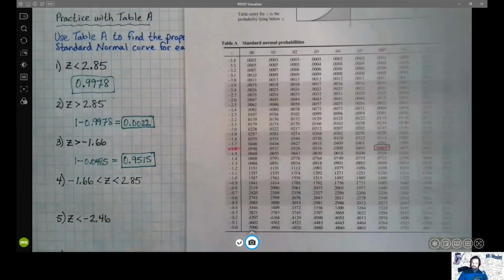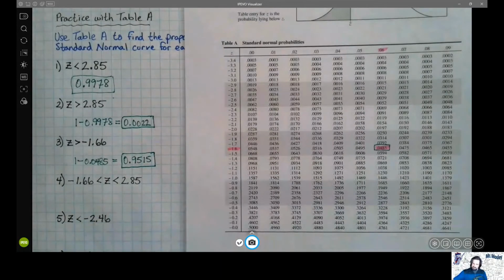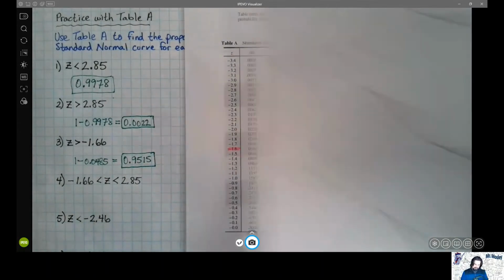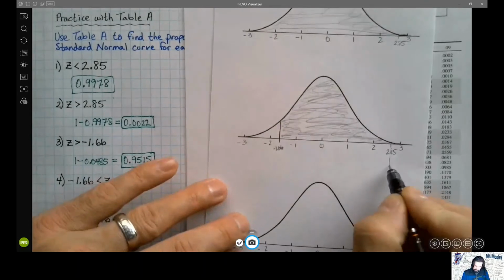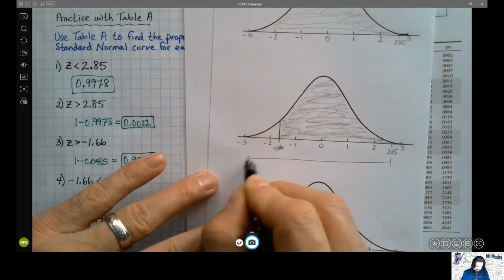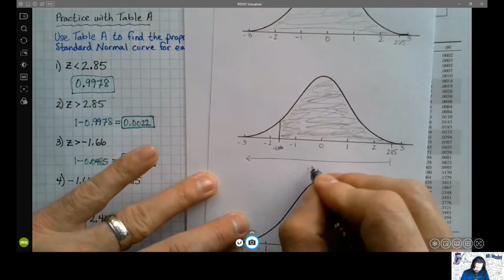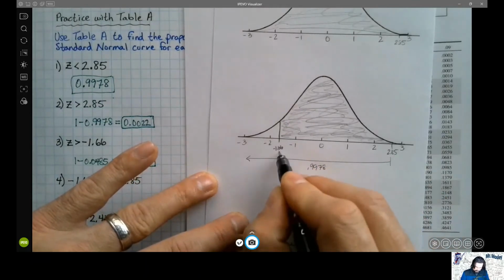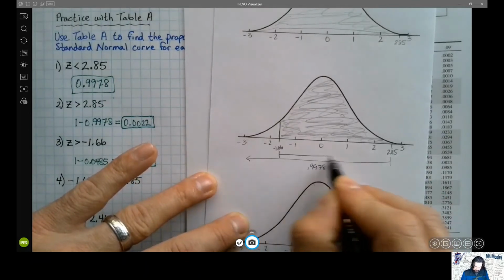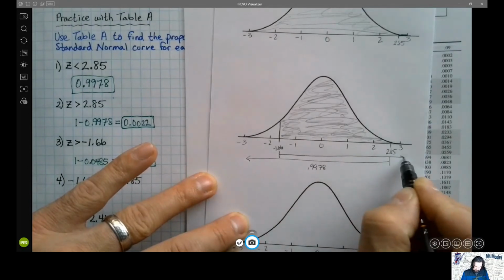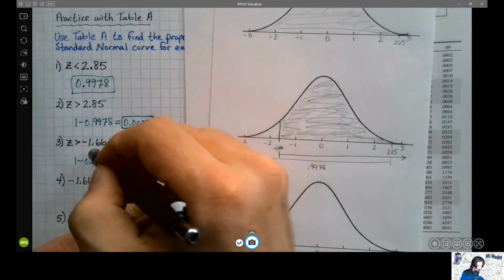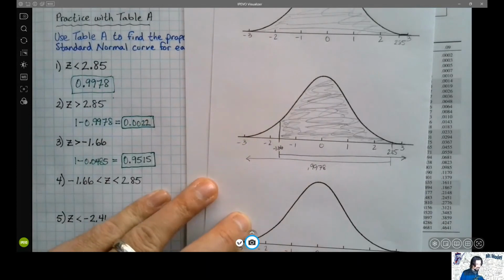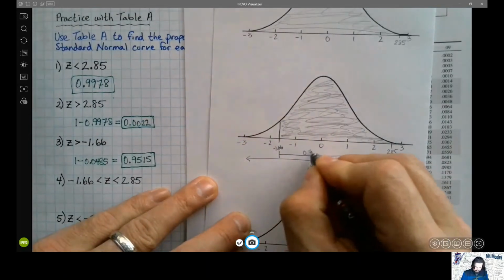We know that less than 2.85 was 0.9978, and we know that greater than negative 1.66 is 0.9515.